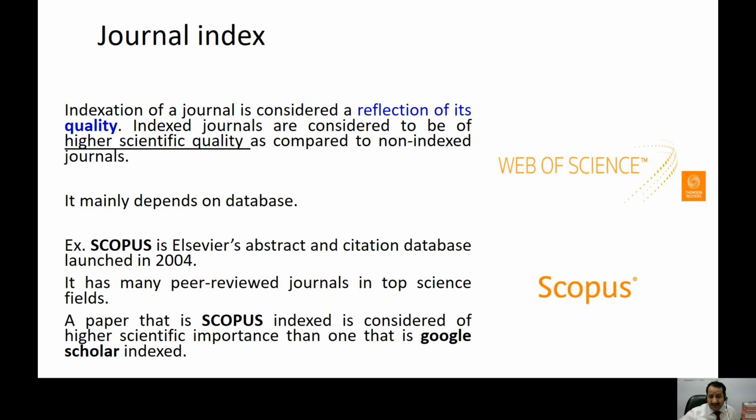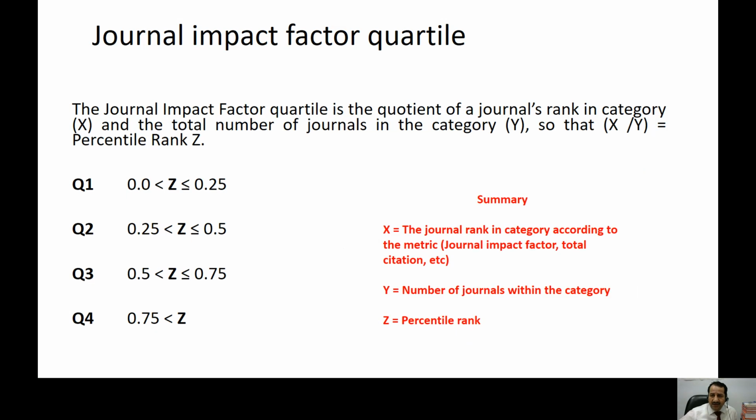It is one of the best databases for indexing. Also, there is Web of Science, or Thomson Reuters in the past, today it's Clarivate. People use them to judge whether this is a good quality, high quality journal or not.